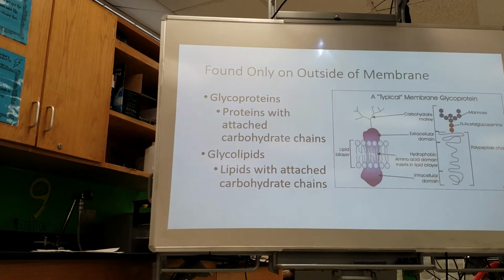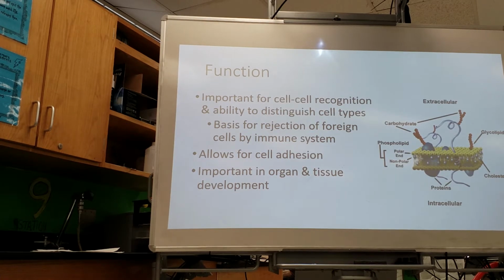There are carbohydrates that are also important in membrane function. These tend to be found on the outside. A lot of them have to do with cell signaling or recognition, and you can also have glycolipids, which is where you take a lipid and attach some carbohydrates to it. I don't think I have a picture of it up here. So, like I said, these proteins are important for cell recognition and also for cell adhesion.